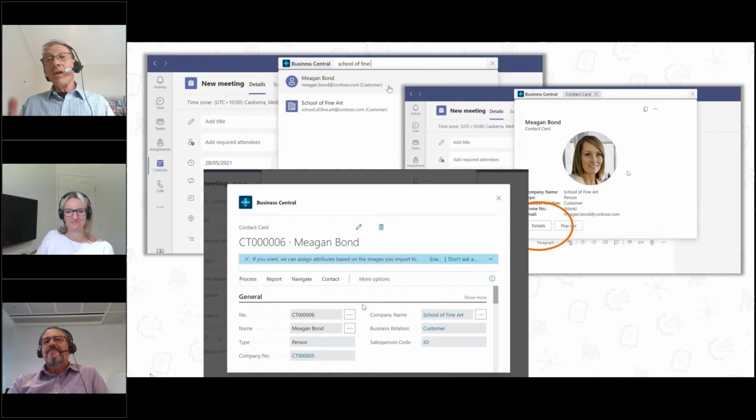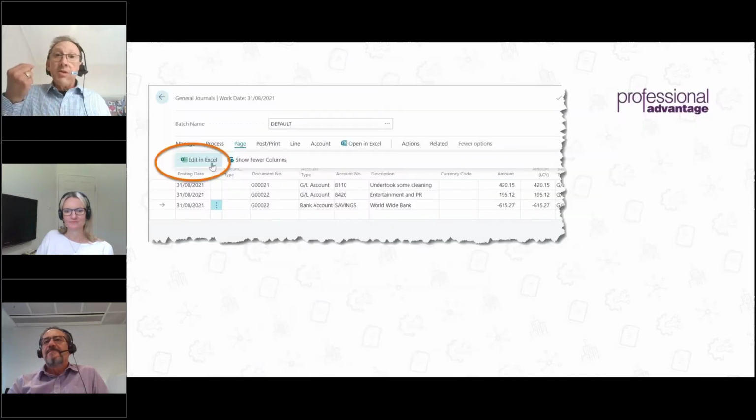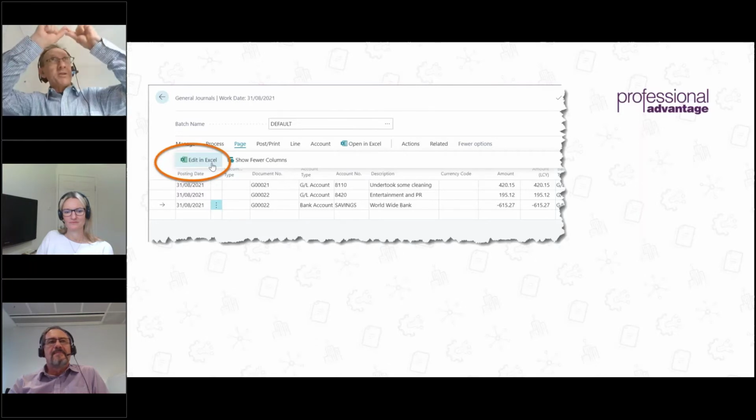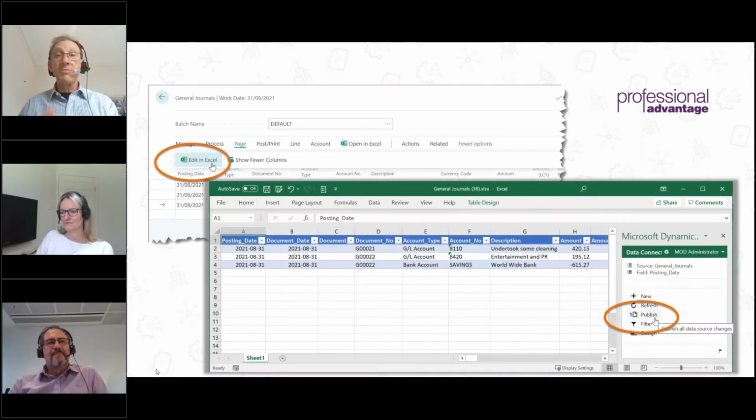So another example of this sort of integration model is, guys, those of you who are using NAV or Navision, do you remember you could export to Excel? There used to be this Excel button right at the top of the window, and you'd click it and the data would go to Excel, or you could copy and paste, or, for those who were using it, you could paste rows to paste back into NAV, right? Business Central has a similar thing.